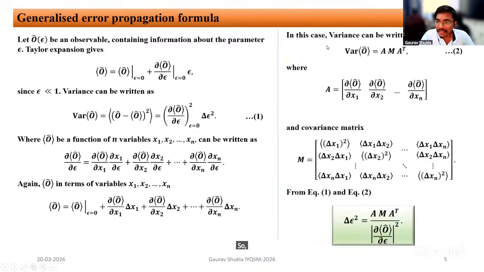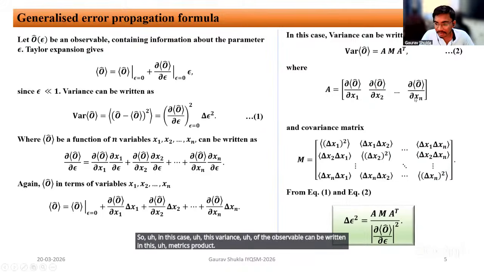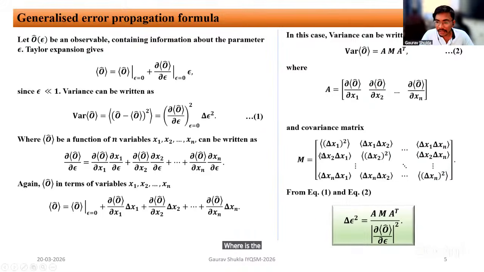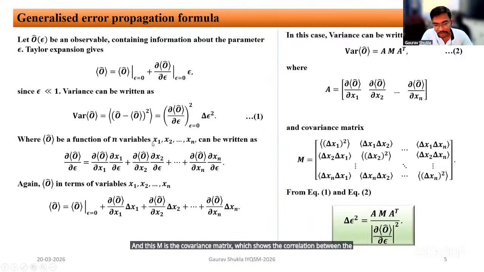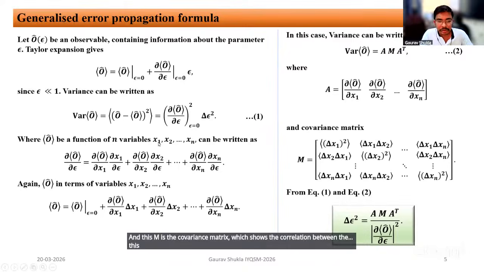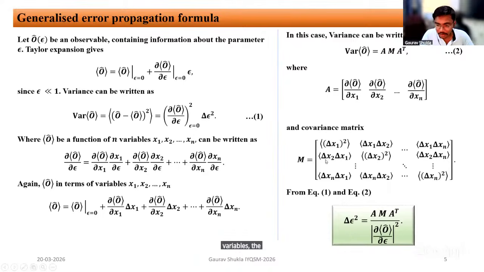In this case, the variance of the observable can be written as this matrix product, where A is the column matrix and M is the covariance matrix, which shows the correlation between the variables x1 and x2. Combining equations 1 and 2, we reach this generalized error propagation formula.